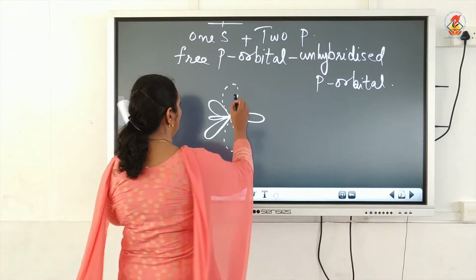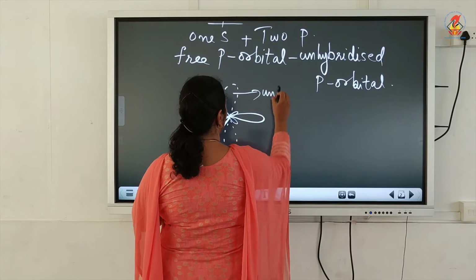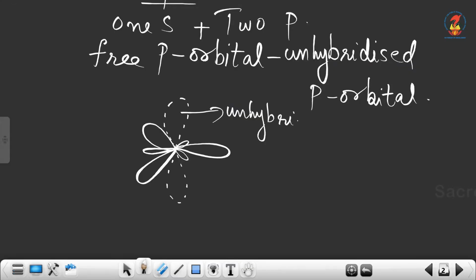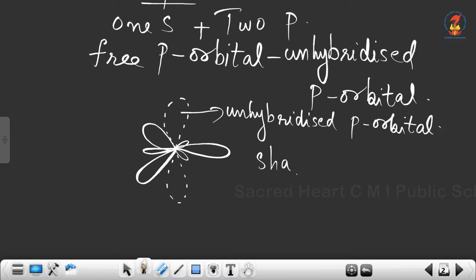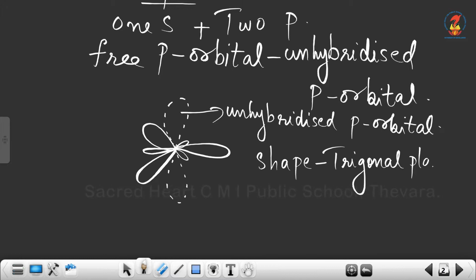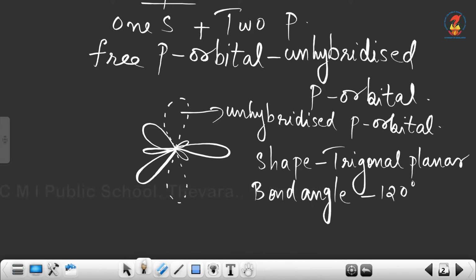Okay, so this dotted line represents the unhybridized p orbital. And what is the shape of the Sp2 hybrid orbital? Shape is trigonal planar, and bond angle is 120°.